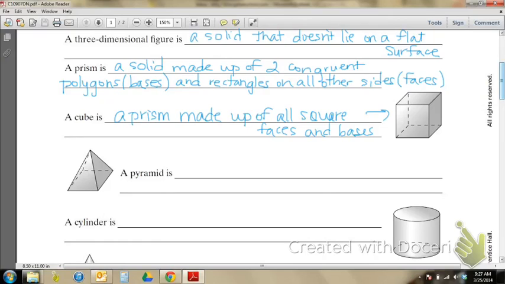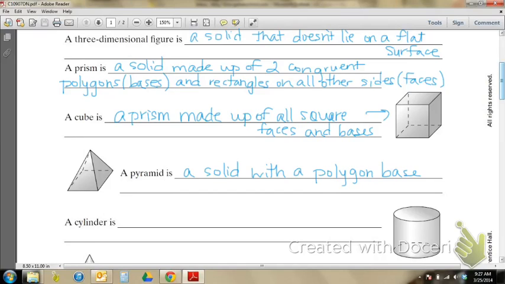Okay, a pyramid is a solid with a polygon base. I'm going to say polygon instead of the square that it looks like in the picture, because a pyramid could have a triangle base, it could have a bunch of different shape bases.